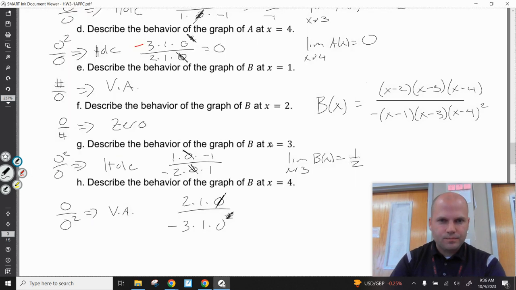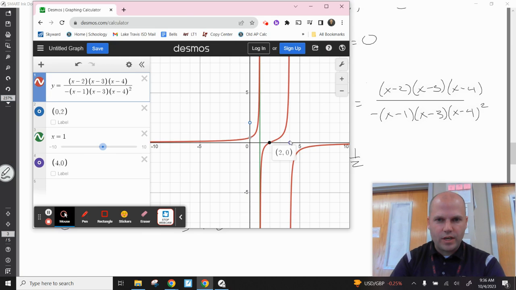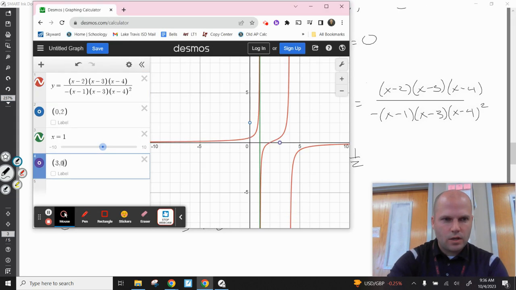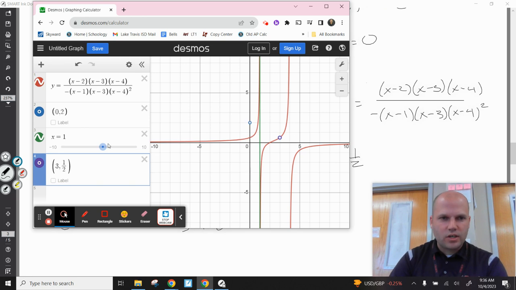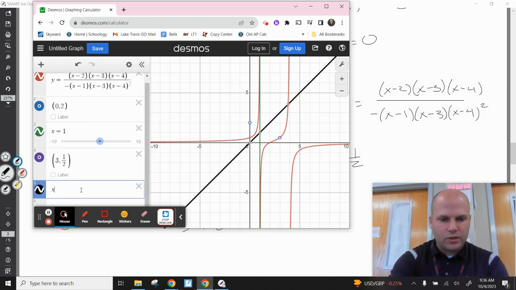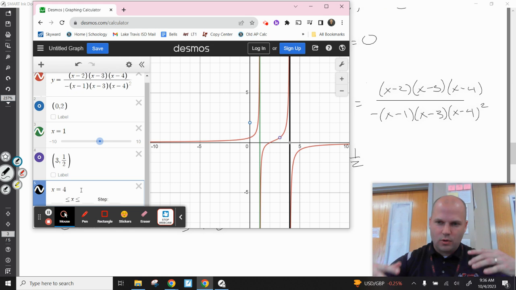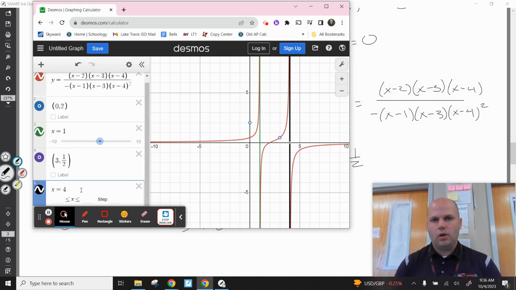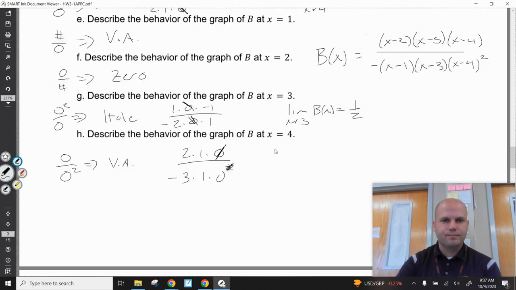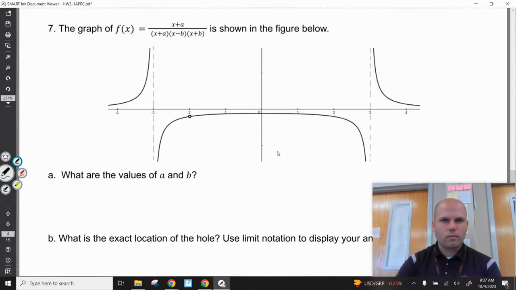That checks out. I have a hole at 3. The location is 3/2. 3/2 checks out. I thought I had a hole at 4 at first, but it turns out I have a vertical asymptote because the zeros in the bottom overwhelm the zeros in the top. So that's what we got. Cool.